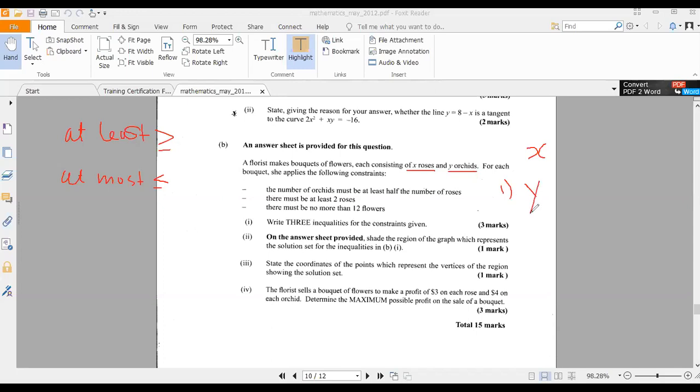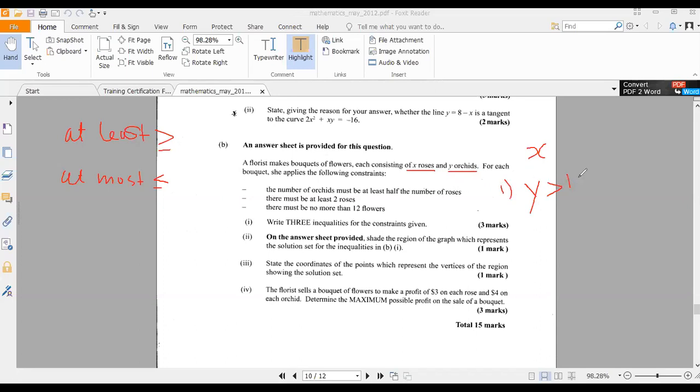Who wants to help me out? Y must be at least half of the roses. So when it is at least, which inequality will I use? Greater than or equal to? We say Y is greater than or equal to what? Half of what?